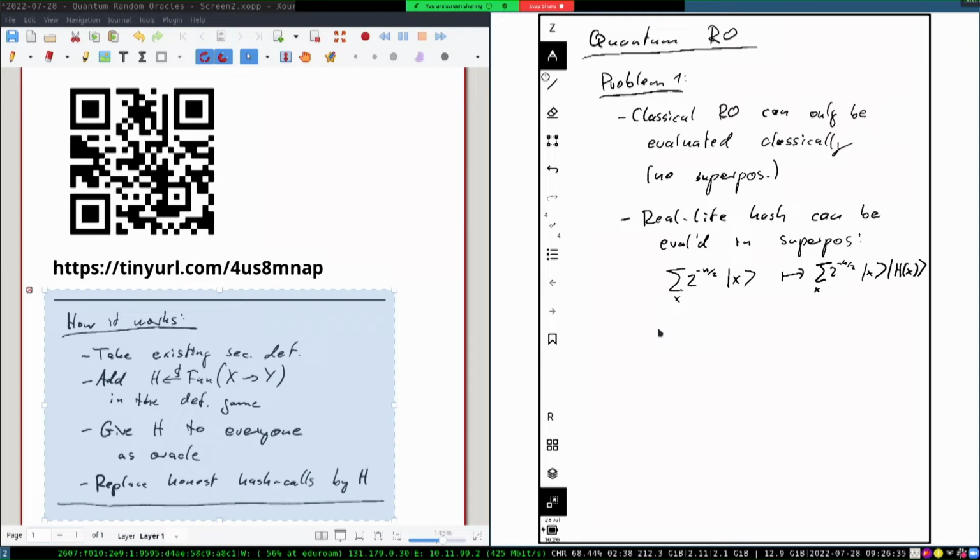You can always do that, as long as you have the circuit of the hash function. So this is something you can do in real life. And it would be a very bad model if our idealized hash function did not allow the adversary to do superposition queries. It is not at first glance obvious whether this matters in the end or not, but it definitely seems unfair.